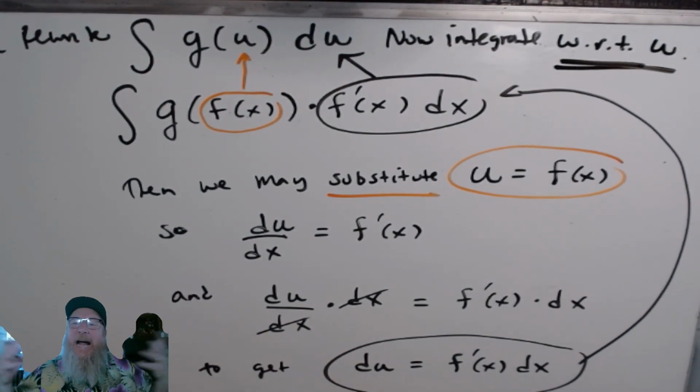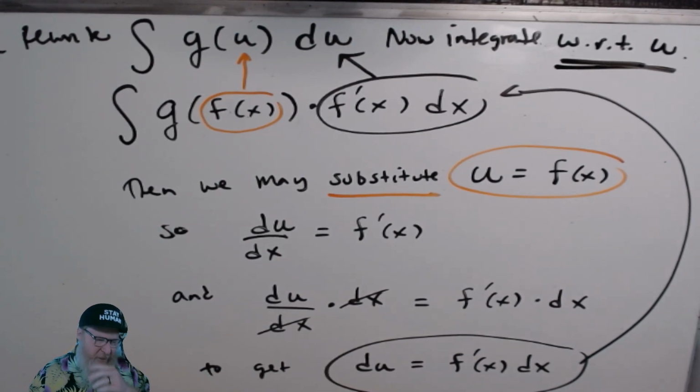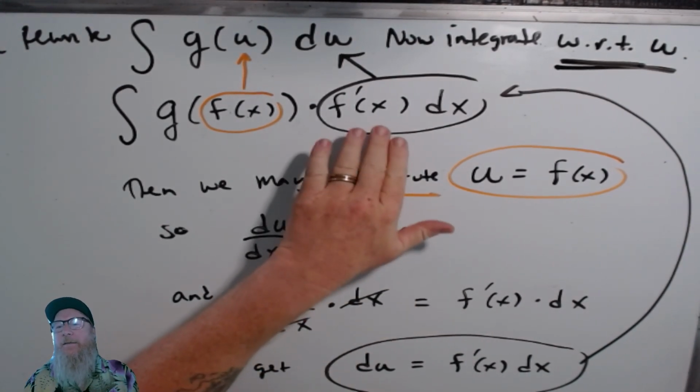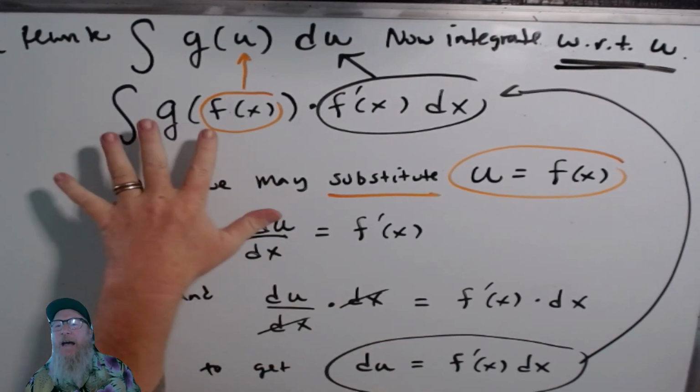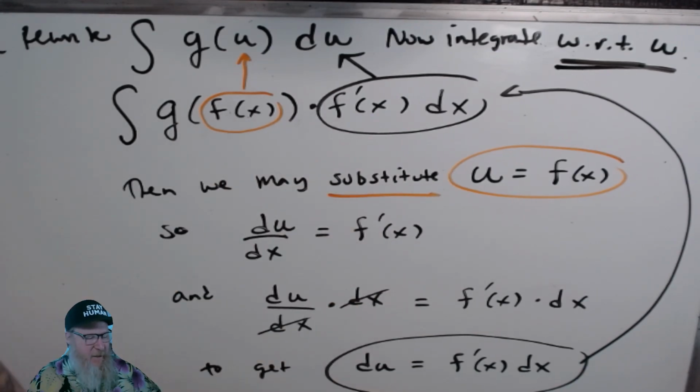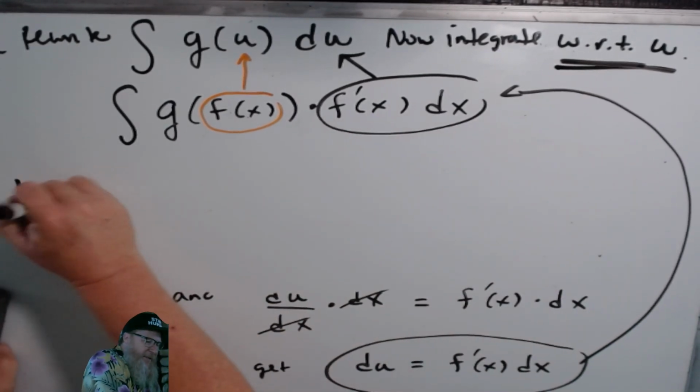That is the idea behind U substitution. It does require some very specific conditions: you do have to have an integrand that's of this form. So let's do an example.